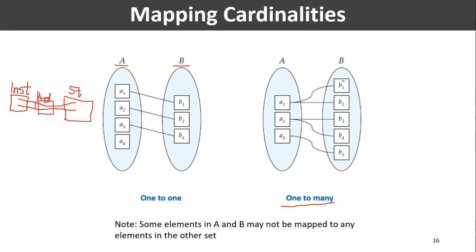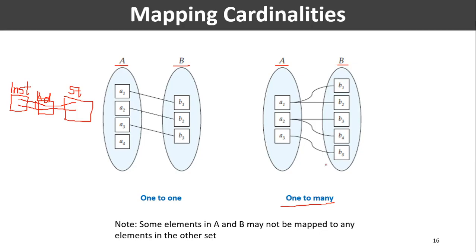However, an entity in B is associated with at most one entity in entity set A. If you look at this figure, once again we have two entity sets, A and B. A1, A2, A3 are the entities belonging to entity set A, whereas B1, B2, B3, B4, B5 are the entities in entity set B.